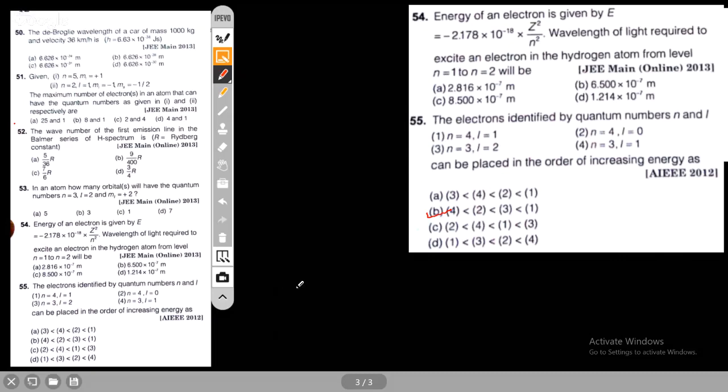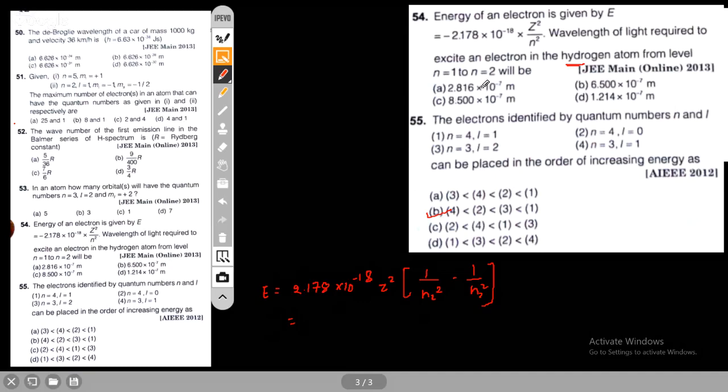The formula we use here in the 54th one will be this: E is equal to 2.178 into 10 to the power minus 18 Z square into 1 by N1 square minus 1 by N2 square. Z value is given for hydrogen atom.